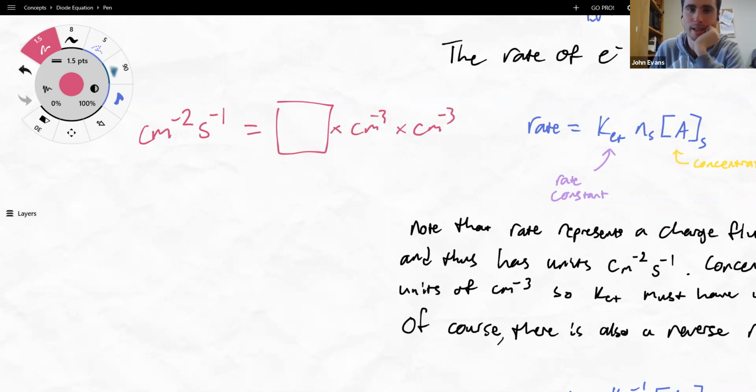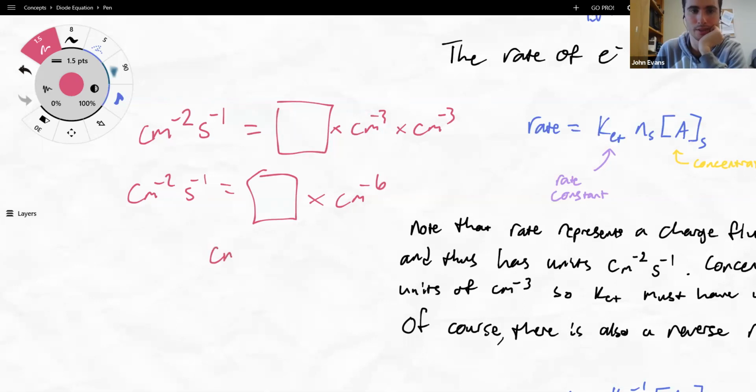So our dimensional analysis will tell us that centimeter minus 2, second minus 1 is going to be equal to, again, something times centimeter to the minus 6. So in order to make these balance out, the rate constant must have units of centimeters to the fourth per second.